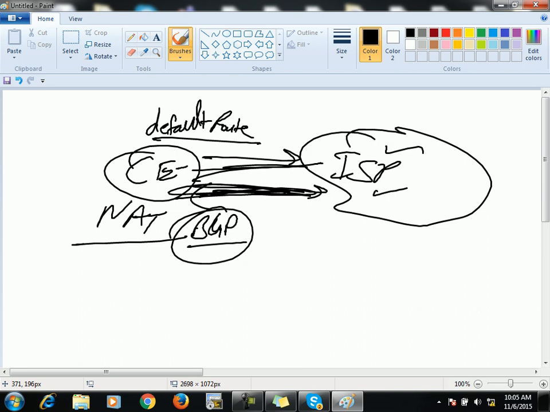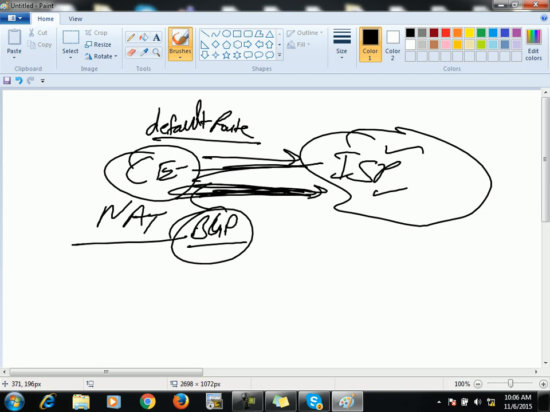A router cannot perform load balancing for a default route. It is not possible, right? So if you have a redundant internet connection and you are using default routing, then it will not be possible for you to achieve load balancing. To get that, it will be mandatory to configure BGP between customer and ISP.